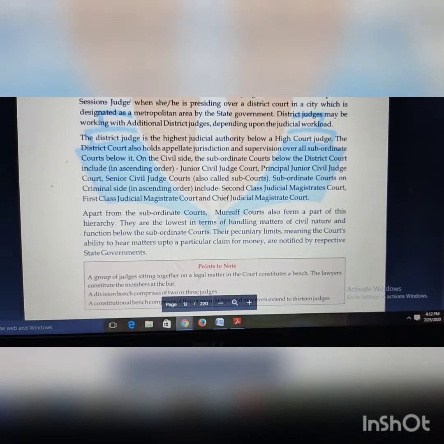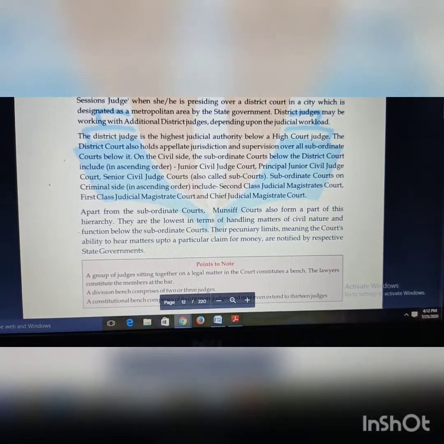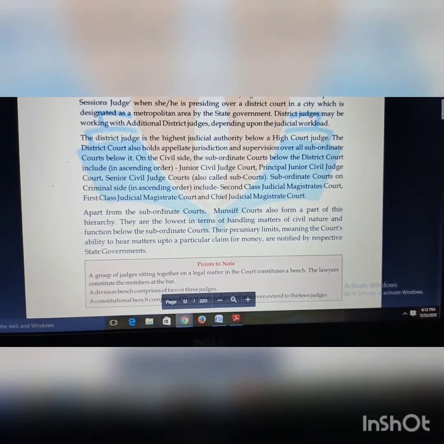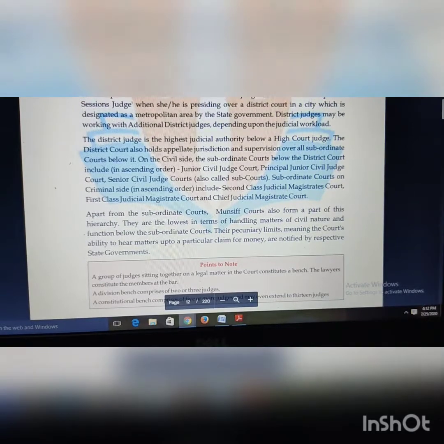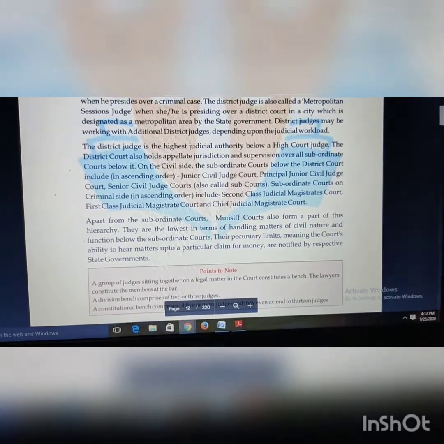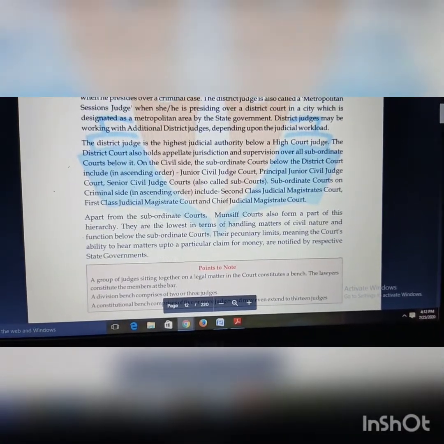The national consumer court can hear matters up to 10 crore rupees. So this is the monetary hierarchy that goes on. This was just an example; the same continues for several other courts also, and this monetary limit is generally decided by the respective state governments of those states.